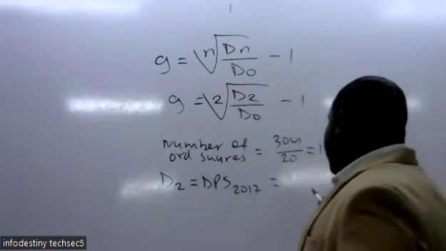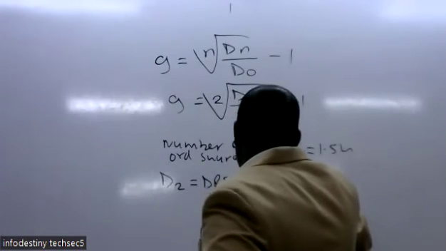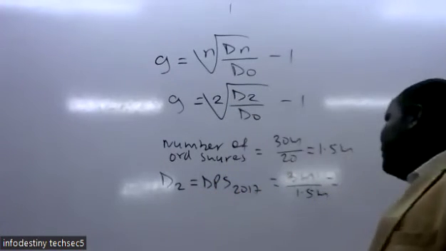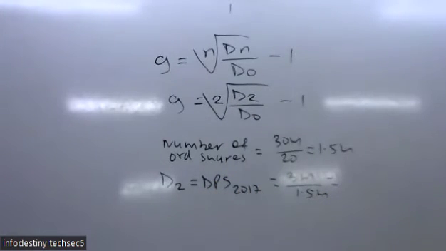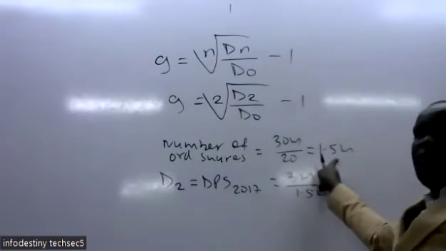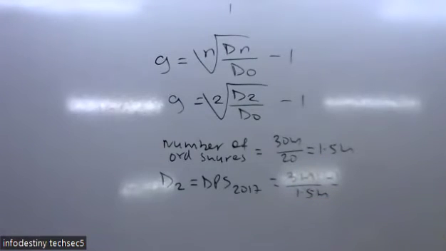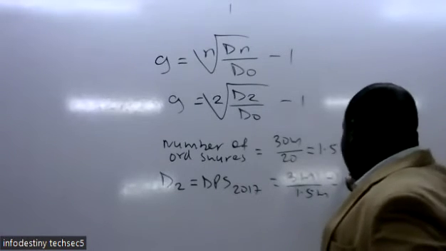So take the 3 million, divide by the number of ordinary shares, which are 1.5 million. We divide to give us the dividend per share. It will give us 2.